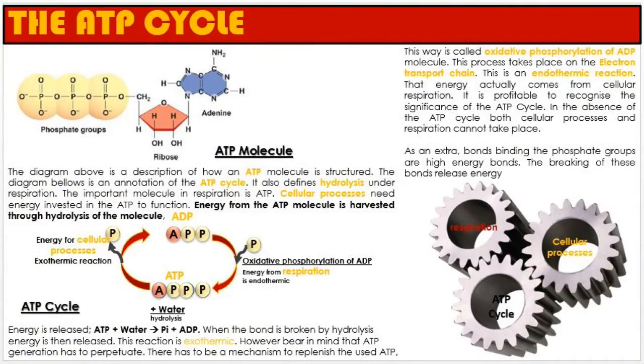ATP cycle is a process which goes on because we always want ATP in our cells for the sake of cellular respiration, and the cellular respiration which is essential as far as cellular processes are concerned. And I believe that we have touched on explaining how the important molecule, which is a high energy molecule, the adenosine triphosphate works, and we have explained that it has an adenosine group followed by 3 phosphate groups, and we have explained reactivity in terms of these 3 phosphates, which are very reactive groups.